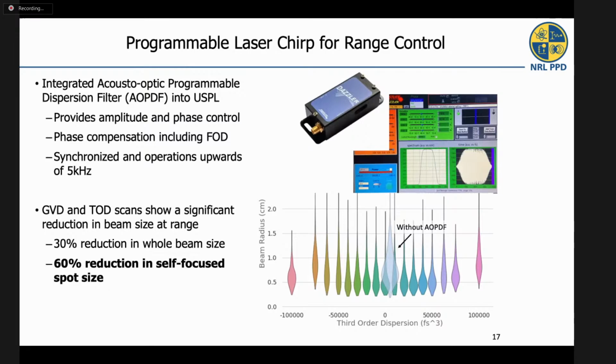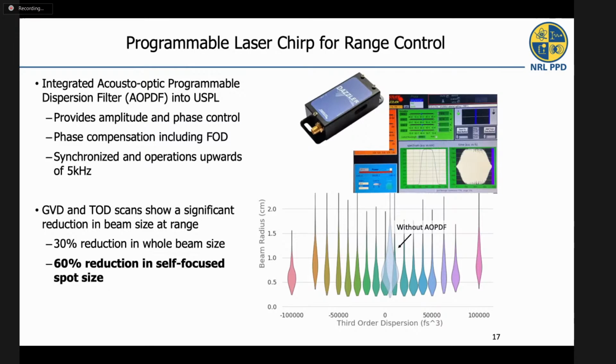And so we did scans of GDD and TOD over a very large range, and we observed that indeed by having higher order dispersion control beyond the traditional GDD, we were able to produce an even smaller beam, about a factor of 30% in whole beam and a factor of 60% in self-focus spots.